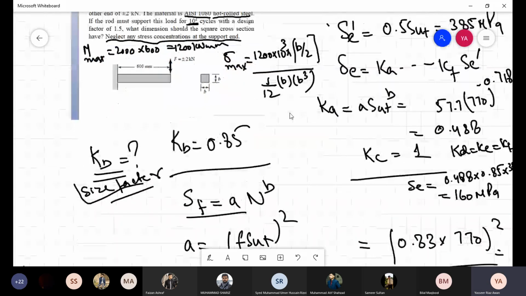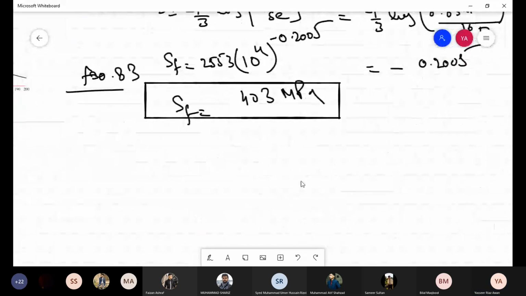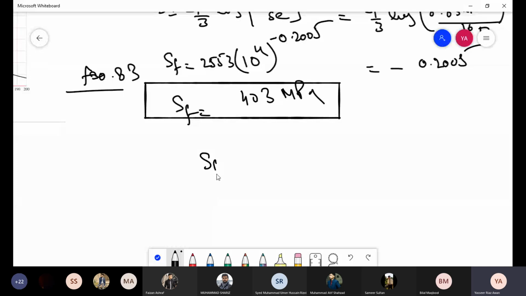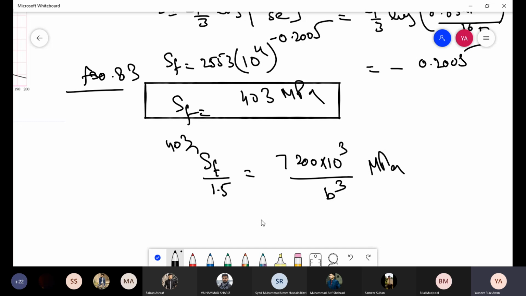So you get SF divided by the safety factor, that is 1.5, and equating it to this maximum stress, solving this we get 72 into 10 to the power 3 divided by B cube. And this is in megapascal, the unit Newton millimeter I am using. So you replace this with 403, solve for B.